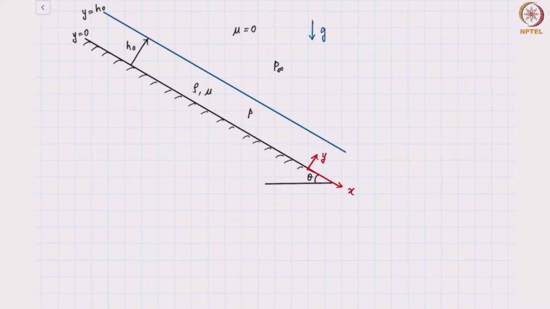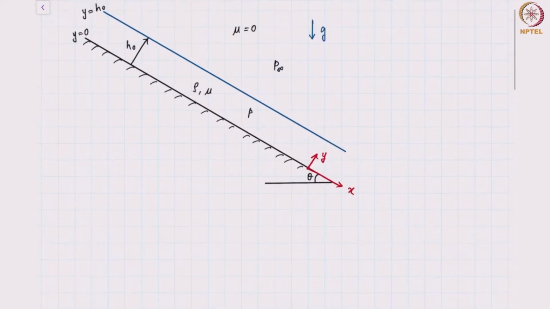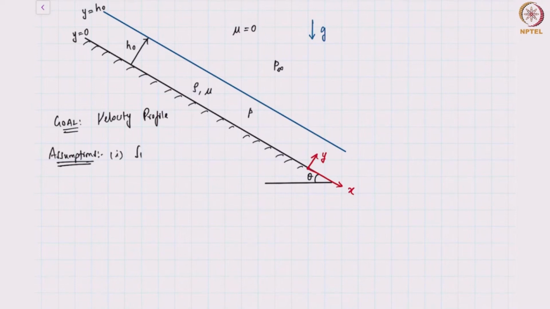Now the goal of this analysis is to primarily derive the velocity profile. Obtaining the velocity profile is our goal. We'll make a few assumptions here. One, surface tension is constant.